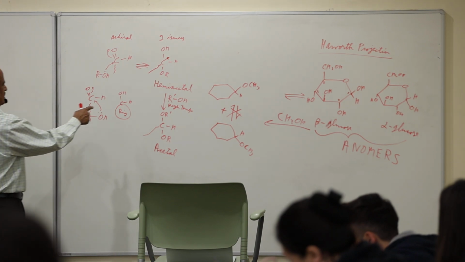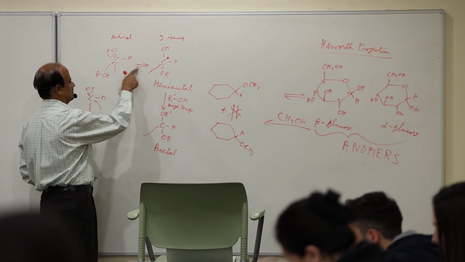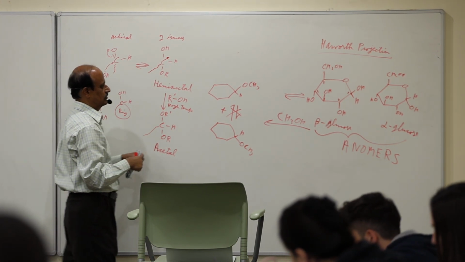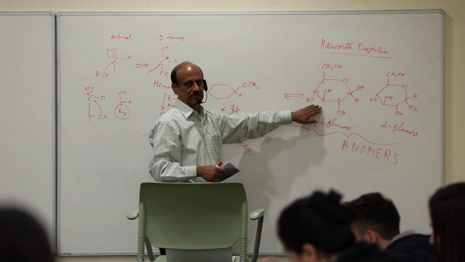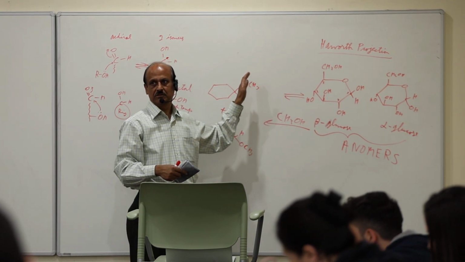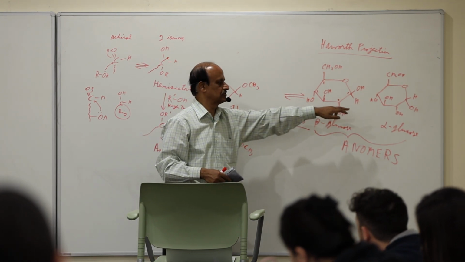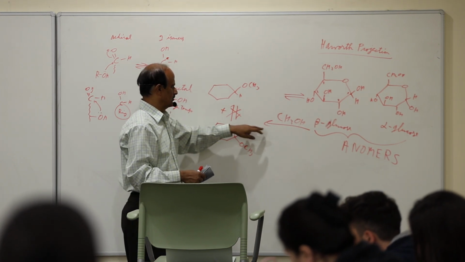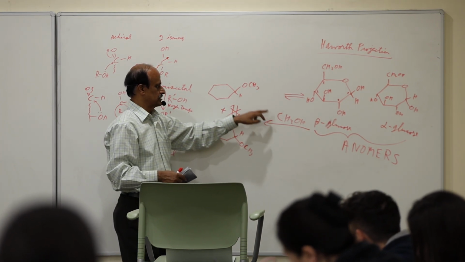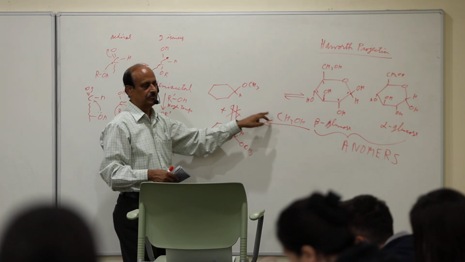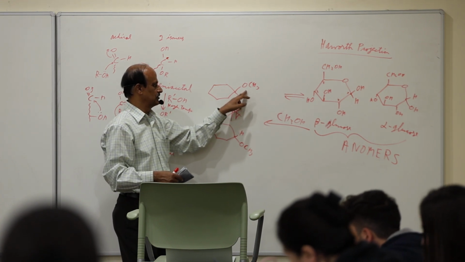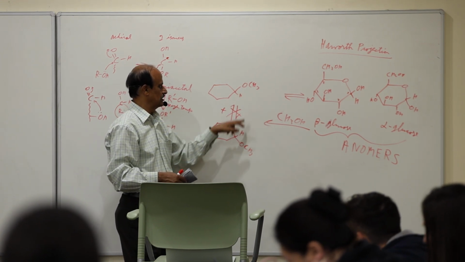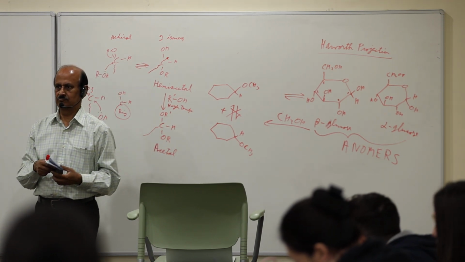So this is an irreversible reaction, while the other is a reversible reaction, so they go back and forth to the linear form. The ring structures can convert to the linear form, which again converts to the alpha and beta. But if you lock this with another methyl group, then that will give you either the alpha or the beta. So this is the alpha, this is the beta, and they don't need to convert.